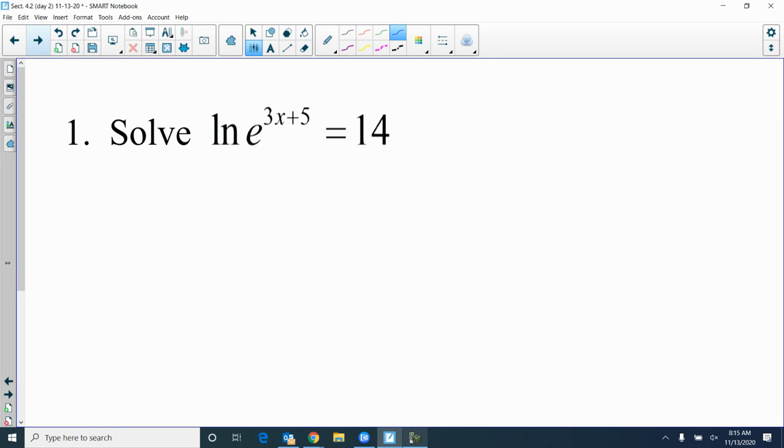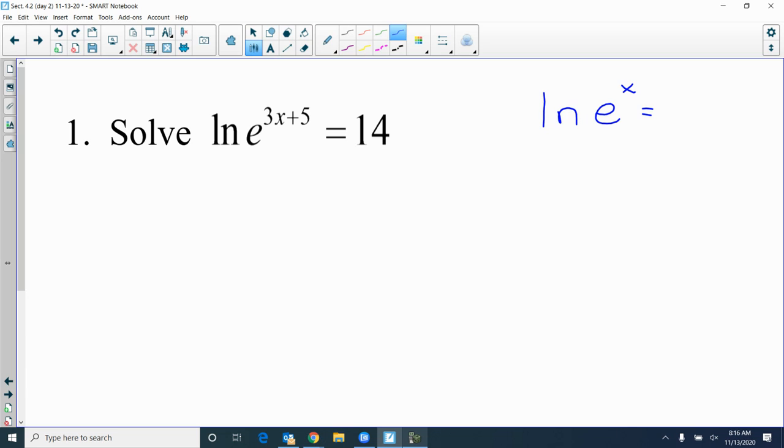There are a couple of different ways to solve this, and I would say one is probably a little bit quicker, or might make a little bit more sense. All right, if you look at your properties, what does the natural log of e to the x have to equal? The natural log of e to the x has to equal x.